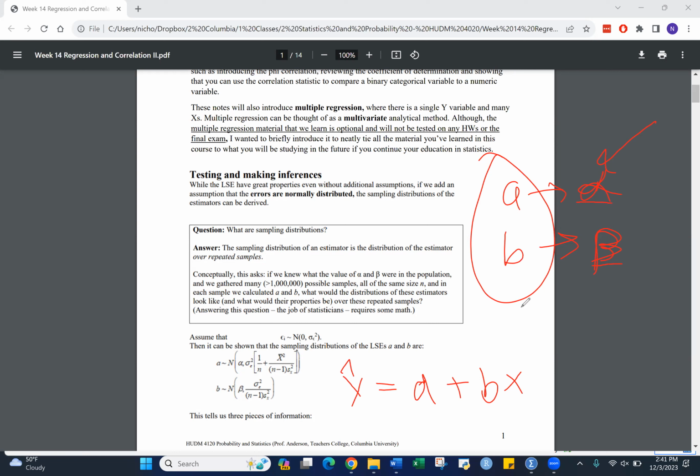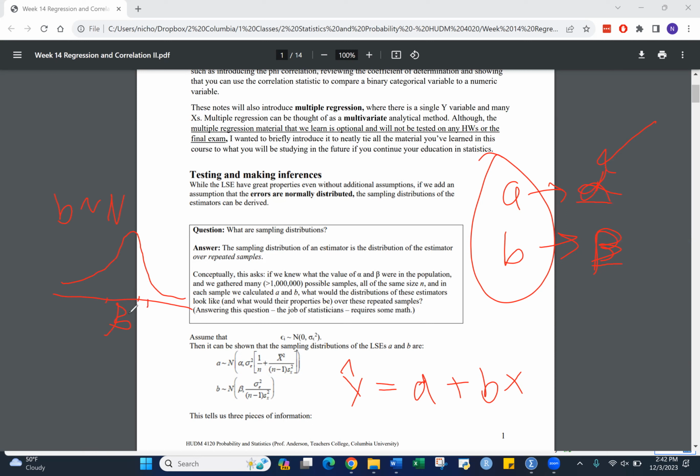And so what this means is the parameter is not a random variable, the parameter is fixed. If we look at the beta parameter, if we take estimates of our b, the b is going to have a sampling distribution that is a normal distribution. And that's because, again, you have a random sample, so you're going to get a b estimate there, someone else can get a b estimate there, someone else can get a b estimate there.